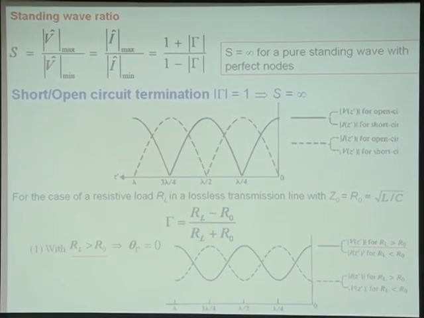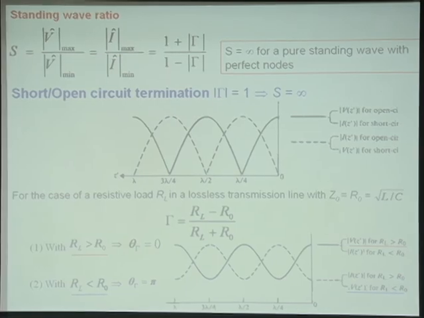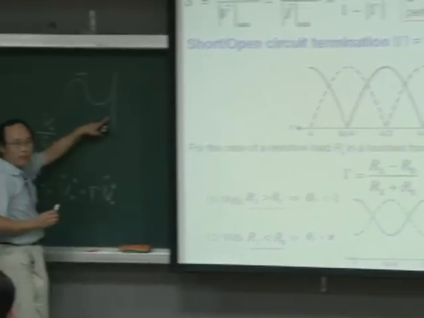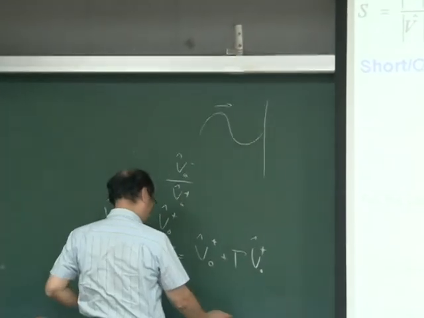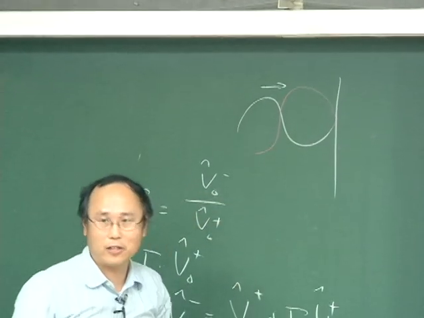Okay. On the other hand, if your load resistance is less than the characteristic resistance, then you have a pi phase shift. This means that if you have a wave incident on this boundary, then the reflected wave is going to have a reverse phase.